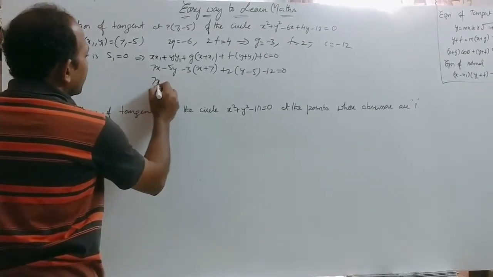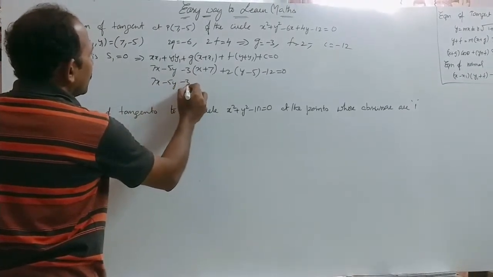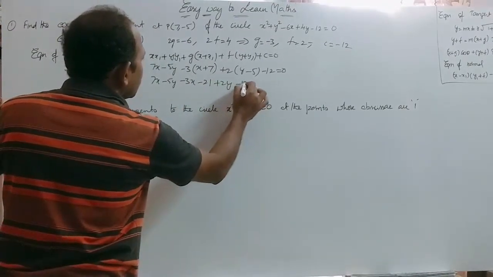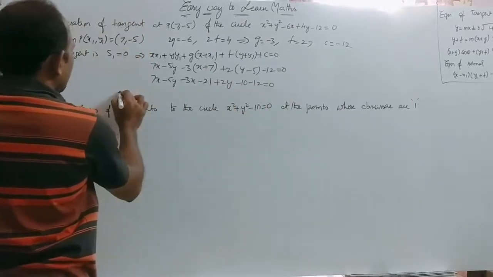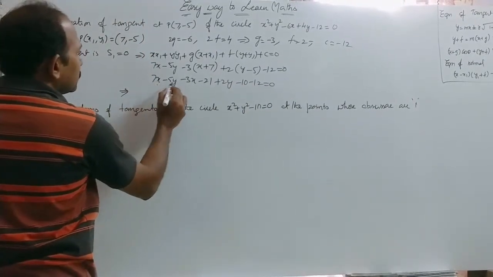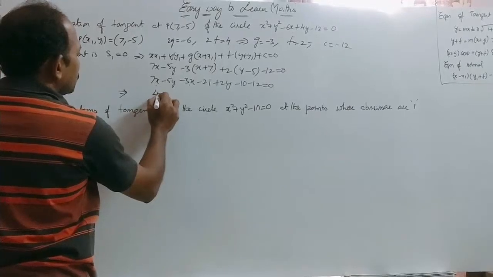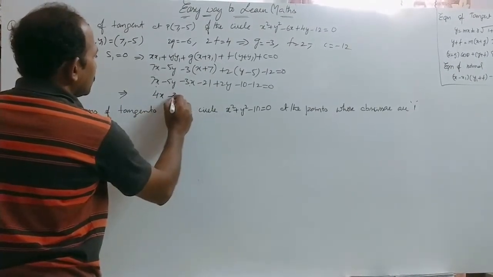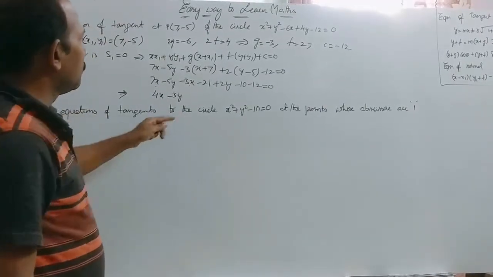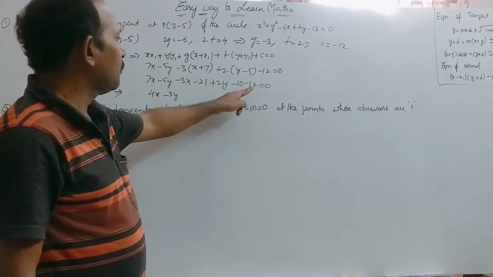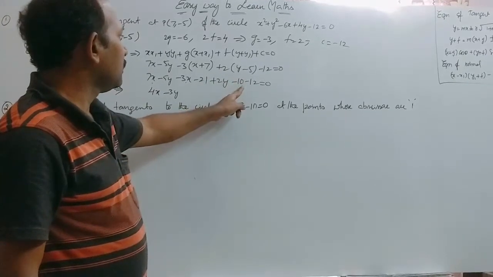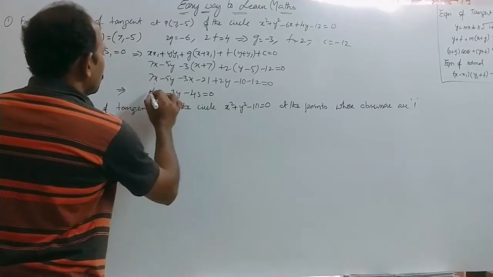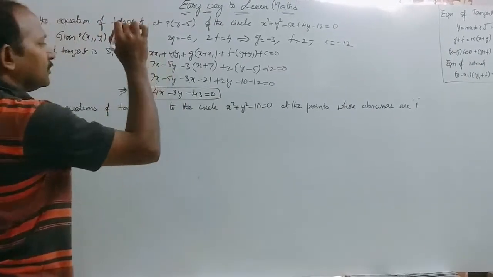Here 7x minus 5y minus 3x minus 21 plus 2y minus 10 minus 12 equal 0. That implies 7x minus 3x, which is 4x, minus 5y plus 2y, minus 3y, and then constants minus 21 minus 10 minus 12. Therefore 21, 31, 43. So 4x minus 3y minus 43 is equal to 0, which is the equation of tangent.